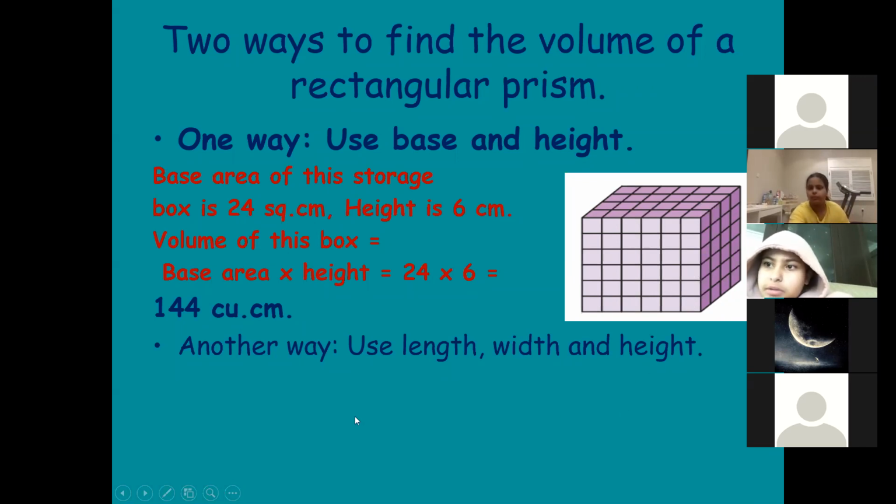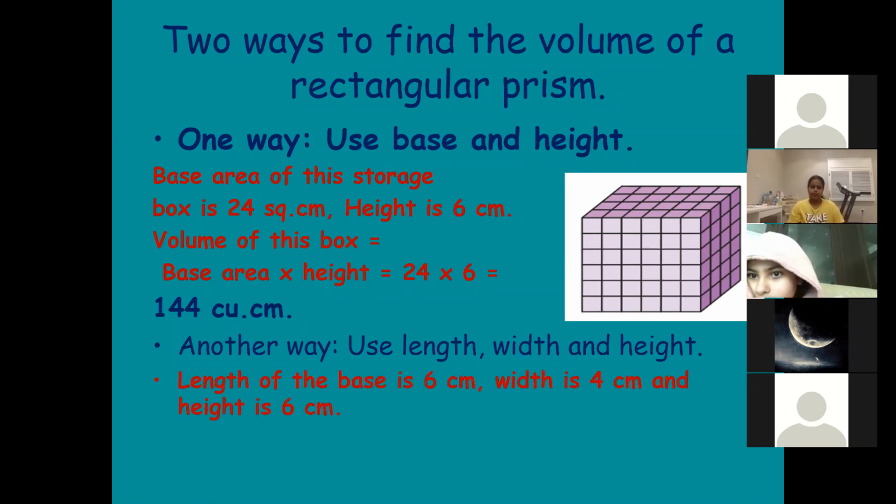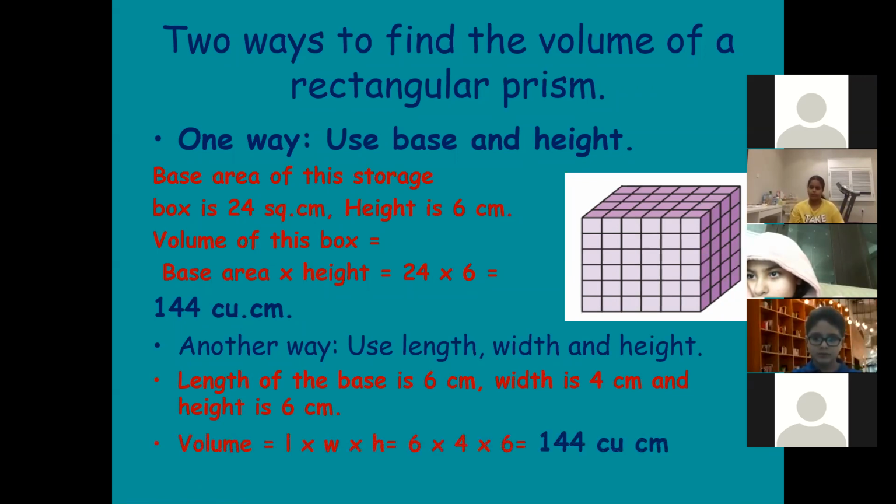So you will multiply all 3. See, length is 6 centimeters, width is 4 centimeters, height is 6 centimeters. So the volume will be length times width times height, which is again 144 cubic centimeters. The volume will be the same.